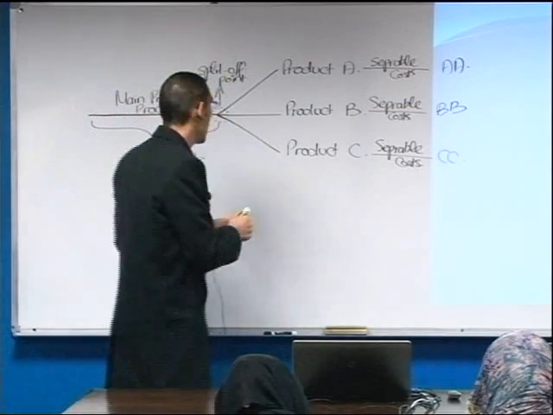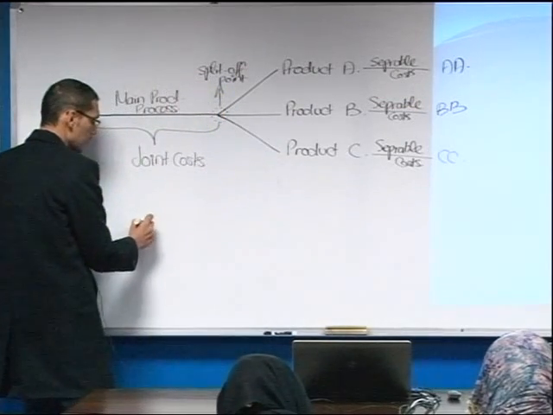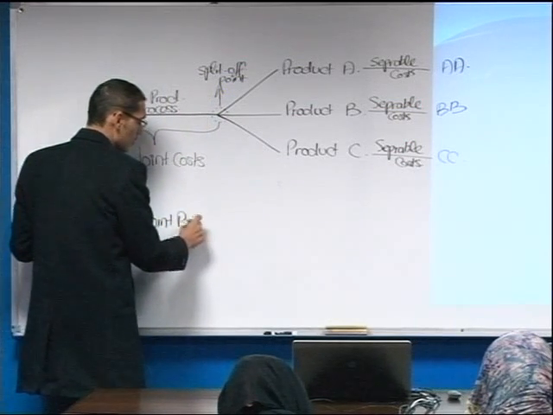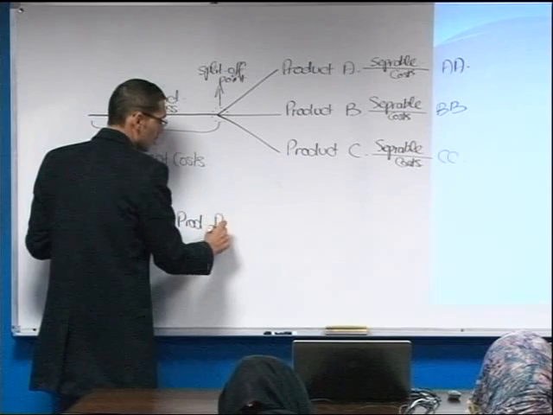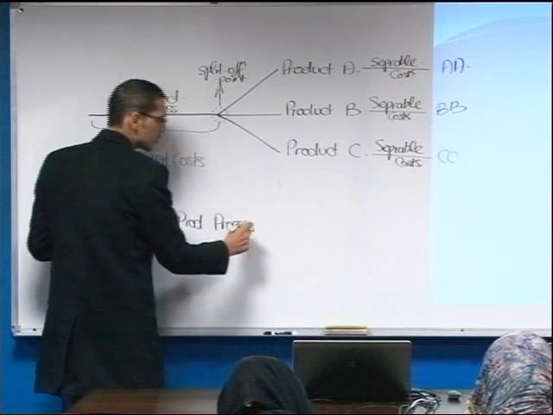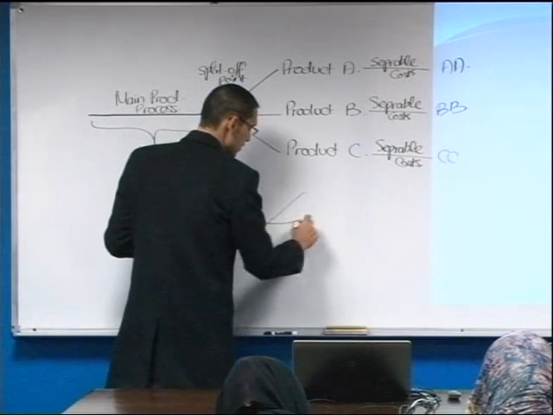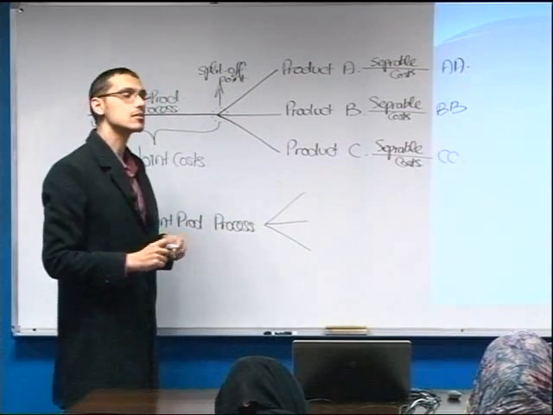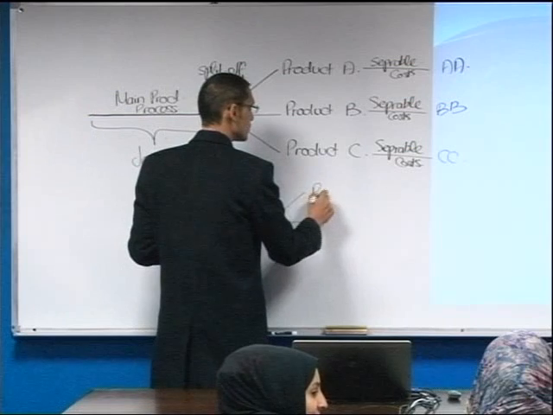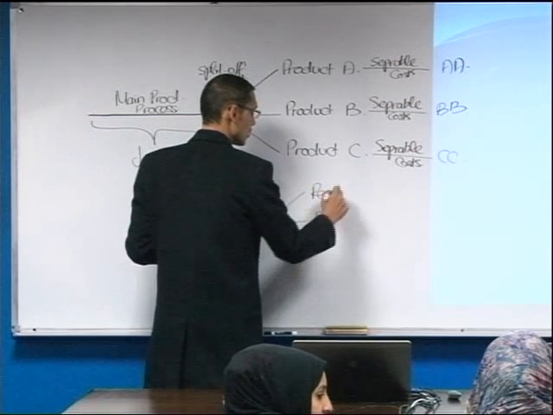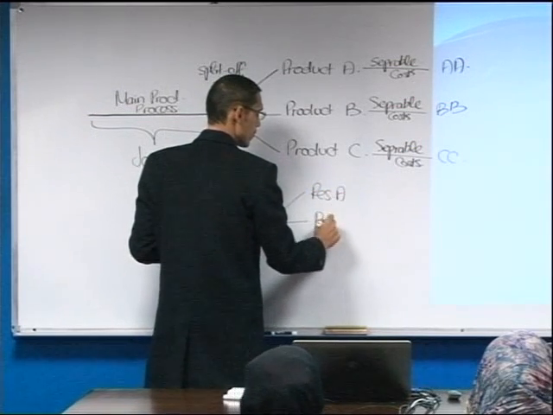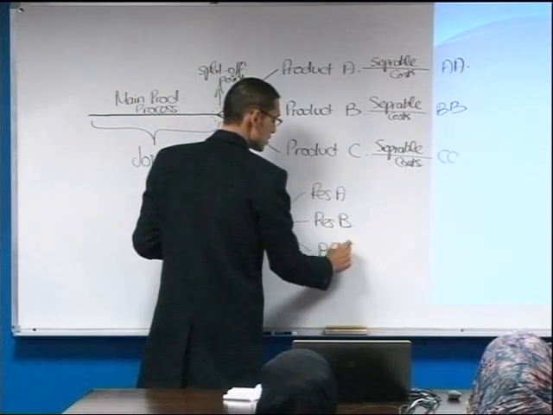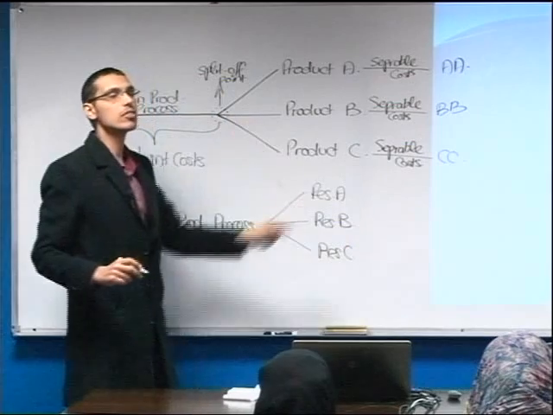Because, let us say we have a joint production process that yields 3 different results: result A, result B, and result C. Why don't we call them products?